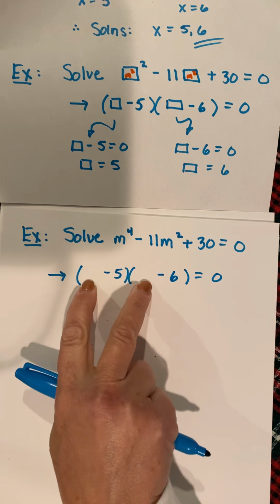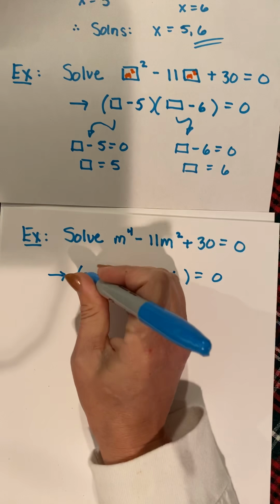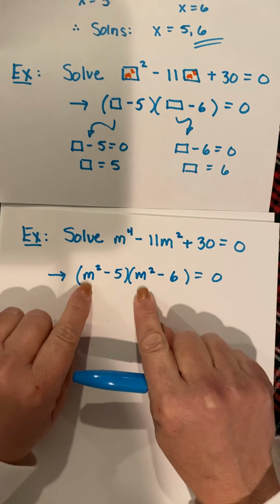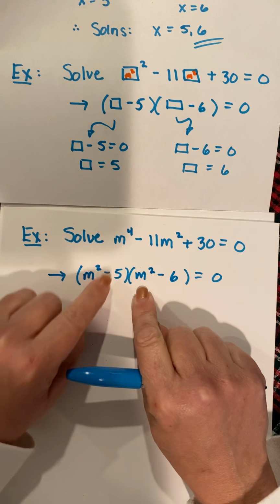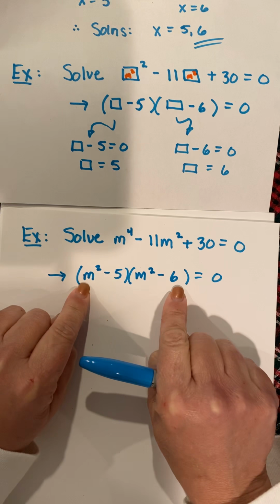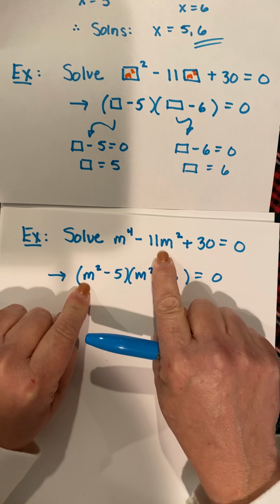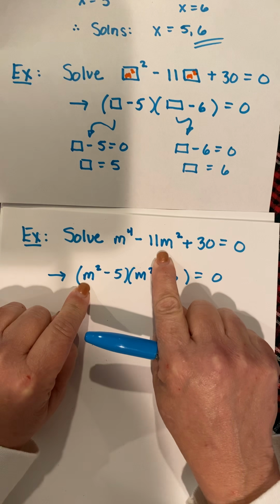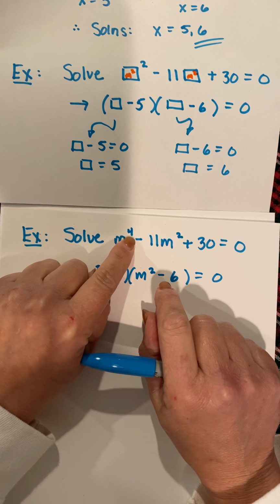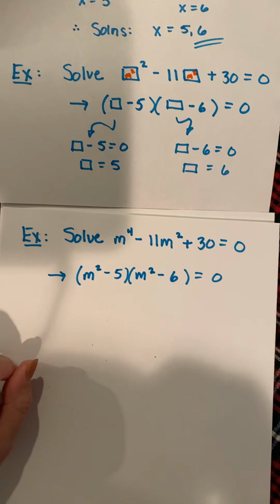Well, what can we multiply together to get m to the 4th? M squareds. So the product of the first, m squared, is m to the 4th, and here we have minus 5m squared, here we have minus 6m squared, for our combination of negative 11m squared. Now for the sake of this section, this power will always be twice that power.